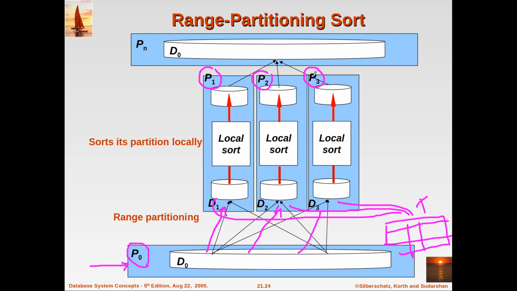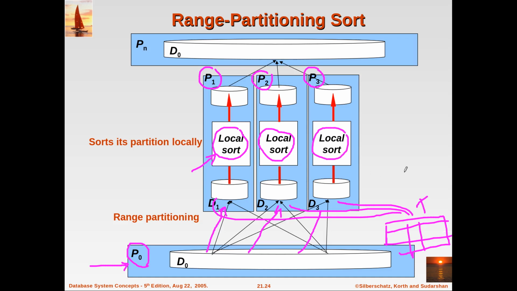Then inside P1, it does a local sort on the portion received at P1. Within processor P1, the tuples received at D1 are sorted locally. Similarly, in processor P2, the tuples received at D2 are sorted locally, and at processor P3, the tuples received at D3 are sorted locally.